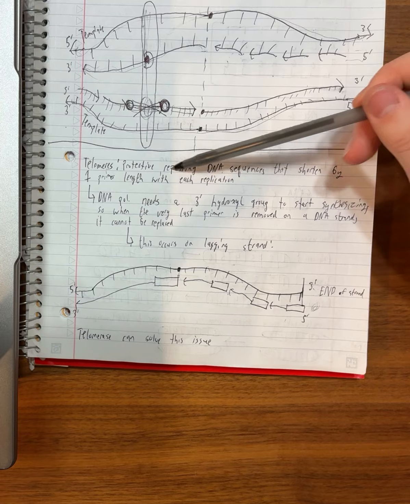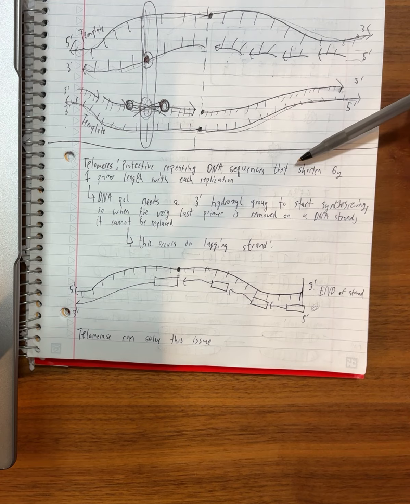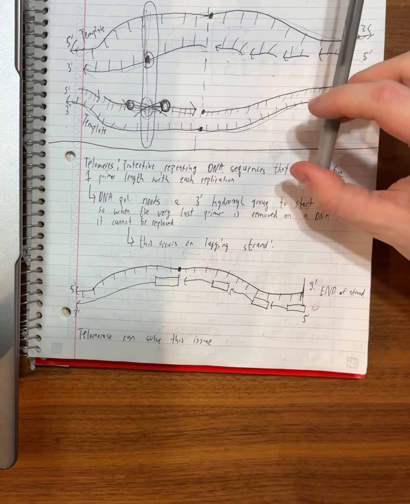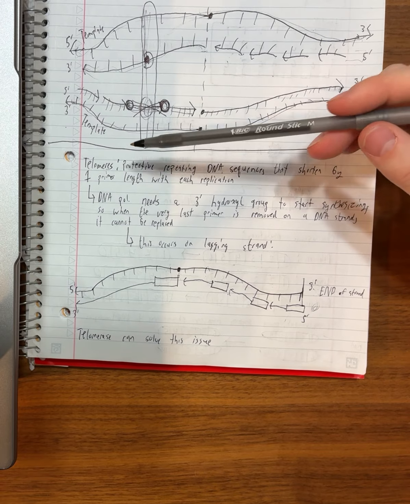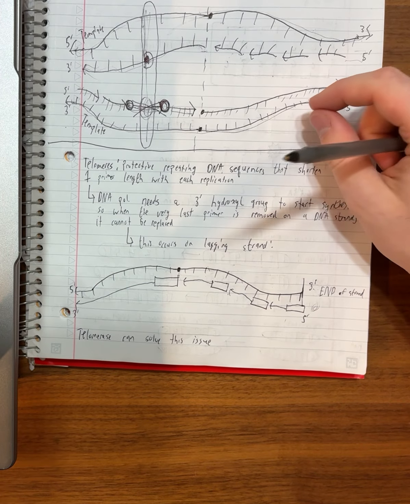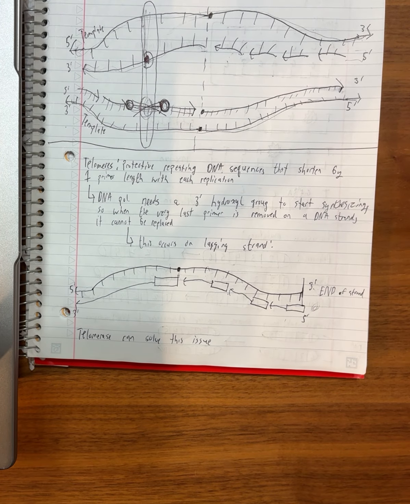The reason we have these is because with each replication, the DNA molecule is going to shorten by one primer length. The reason that happens is because whenever a DNA polymerase wants to add DNA, it has to see a 3' hydroxyl group to attach a new nucleotide to.